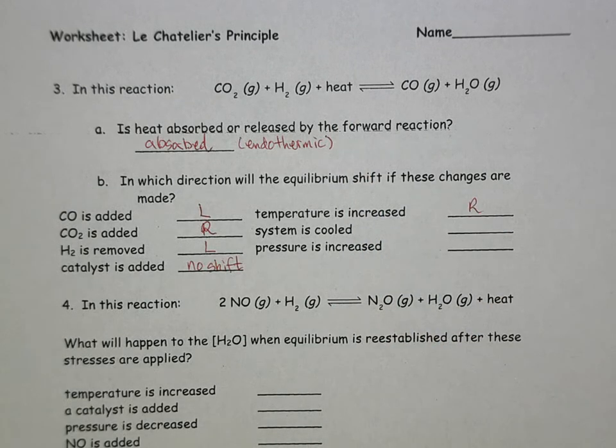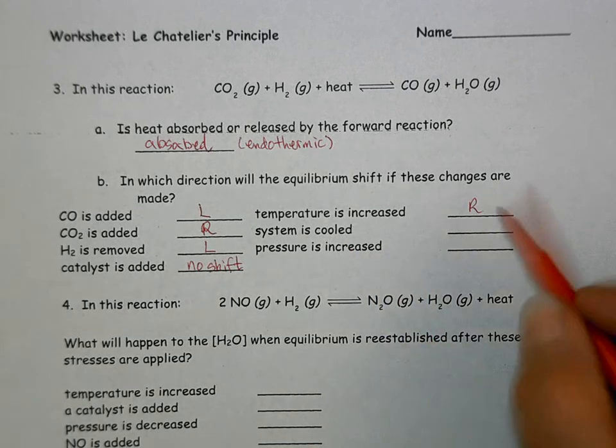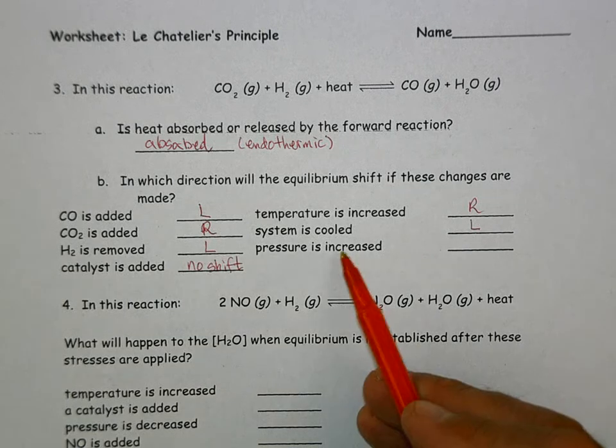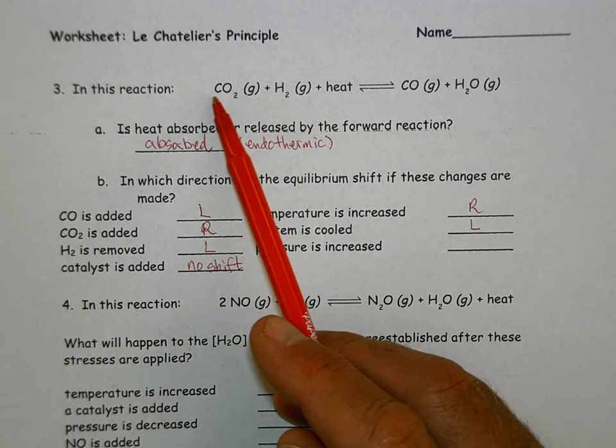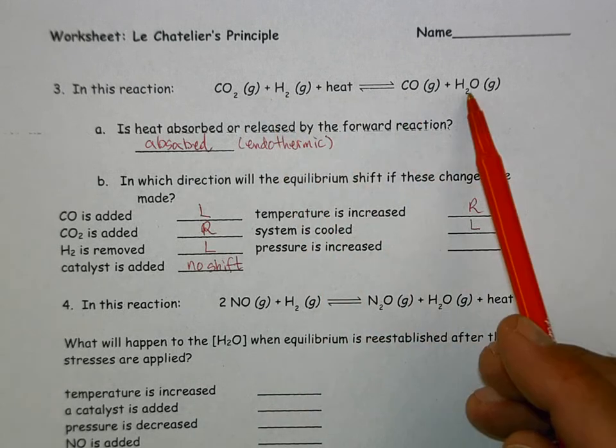System is cooled. Okay, if it's cooled, that's the opposite of the temperature is increased. So we go the opposite direction. And pressure is increased. Okay, go to the side with fewer moles if the pressure is increased. 1 and 1, that's 2. 1 and 1, that's also 2.